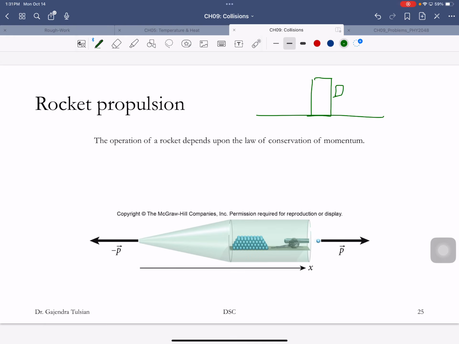Let's say you're standing in the middle of a frozen lake, and you want to get to shore. What do you do? Well, if you have a physics textbook, what do you do? Your initial momentum was 0. If you have a physics book, you throw it in that direction, and then you will recoil in this direction.